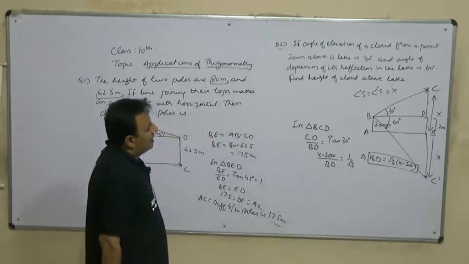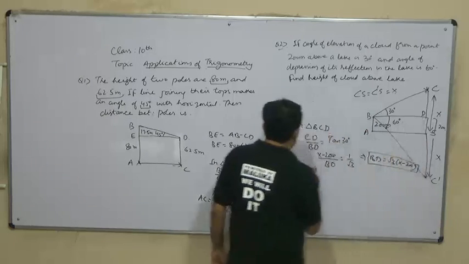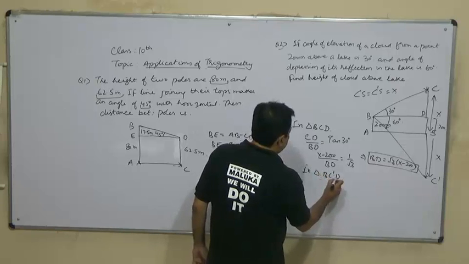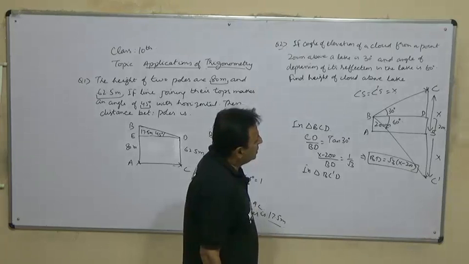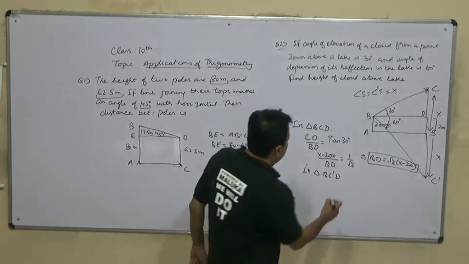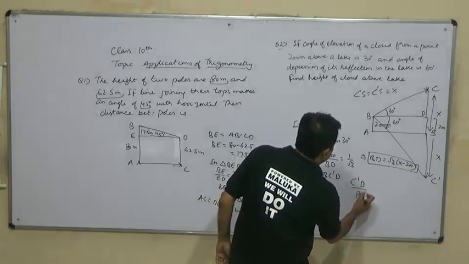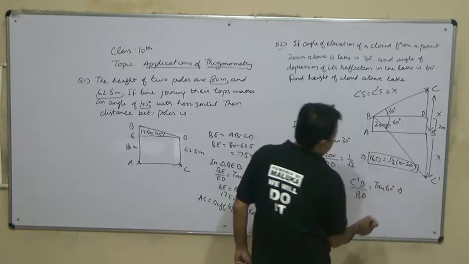Now we take the second triangle, that is triangle BC dash D. Here also C dash D upon BD is equal to tan 60. What is C dash D?